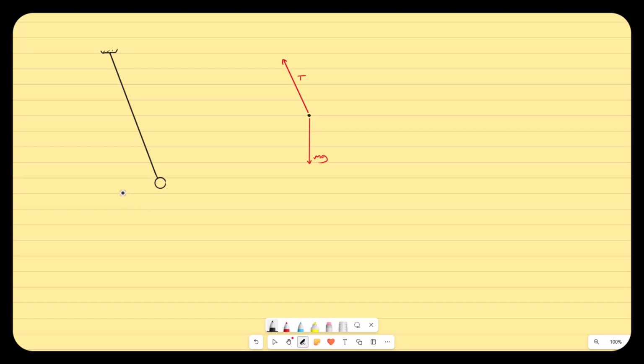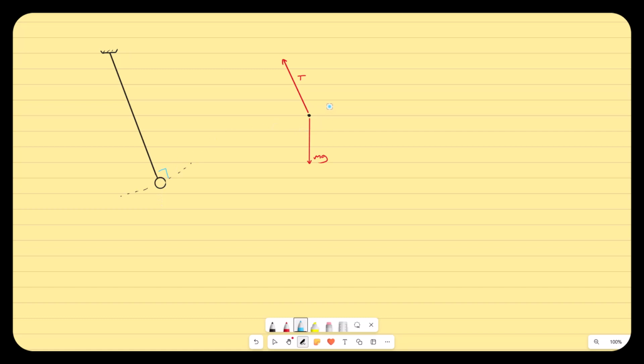Yes, this pendulum is going to move on an arc, but that doesn't really affect the forces that are here. As far as the direction goes, I know I'm going to be moving along that arc, which is definitely going to be perpendicular at any point to my tension.